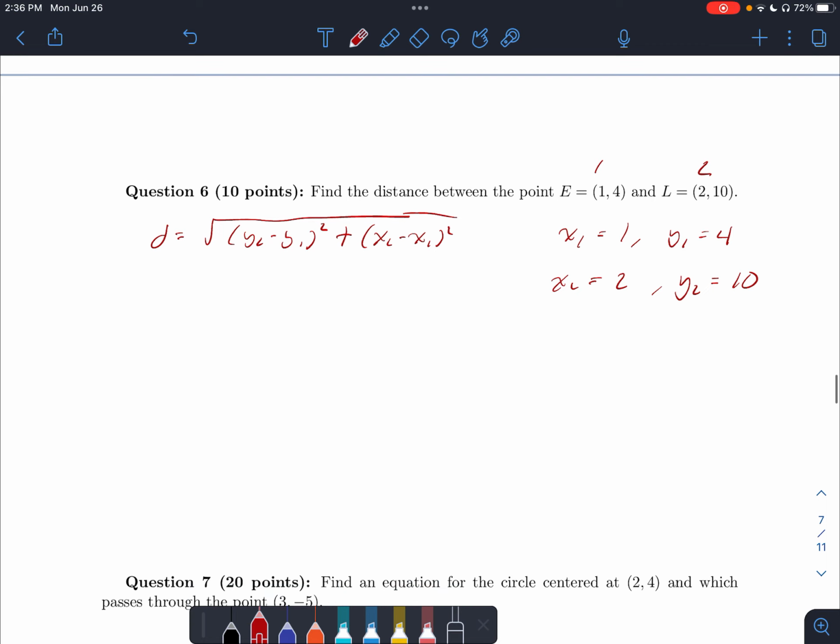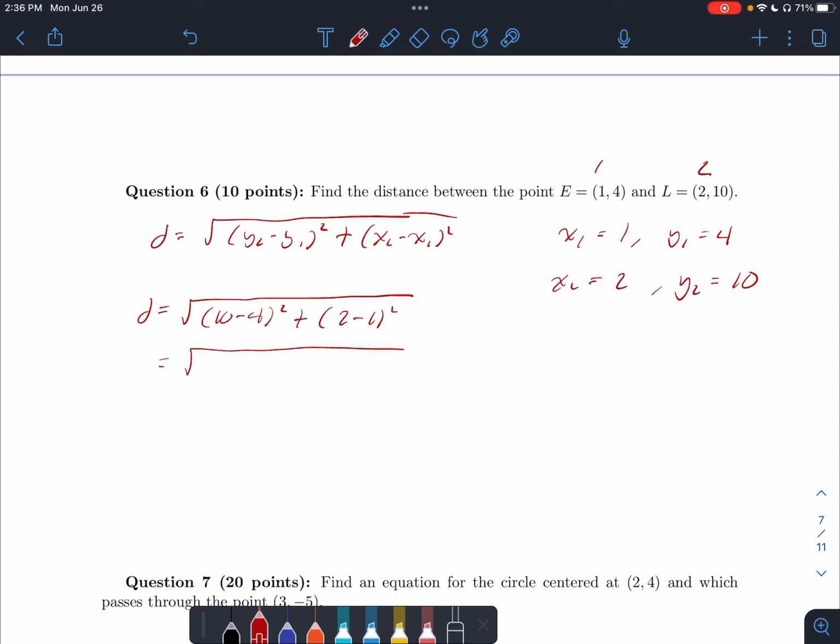All right, so now all we do is plug everything in here. So we'll have d is equal to the square root of y2 minus y1 squared, so we'll have 10 minus 4 squared plus x2 minus x1, so 2 minus 1 squared.